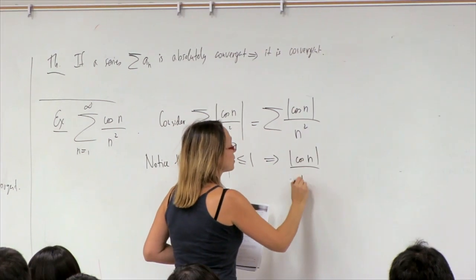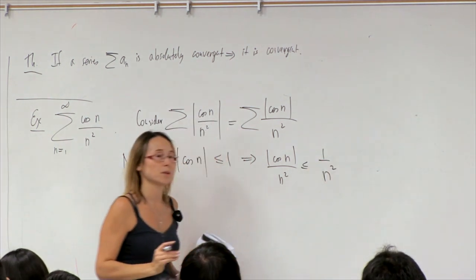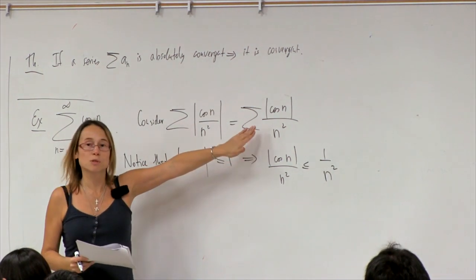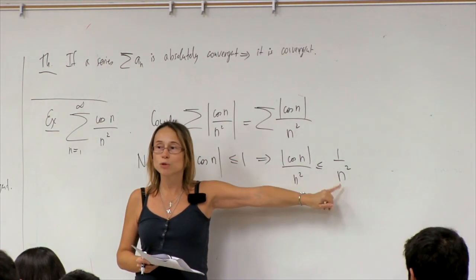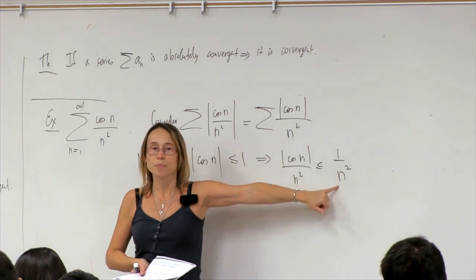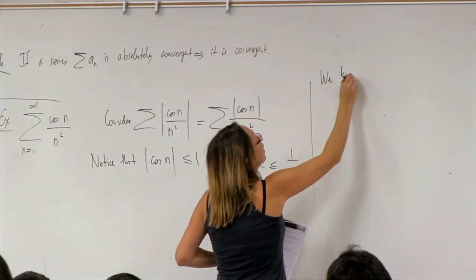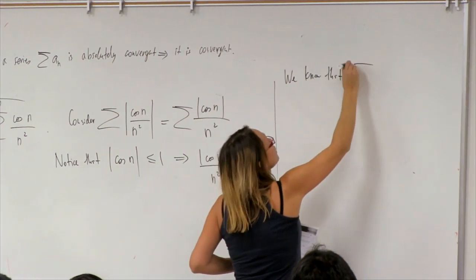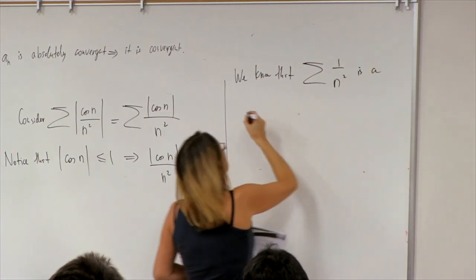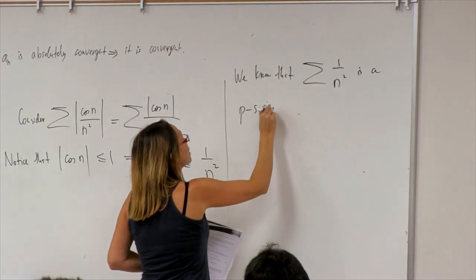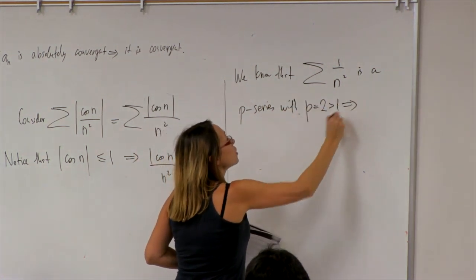So these terms for sure are less than or equal to these terms. So we have a sequence with positive terms whose terms are always smaller than these. And we know a thing or two about this sequence, right? We know that this is a p series with p equals 2, so it converges.